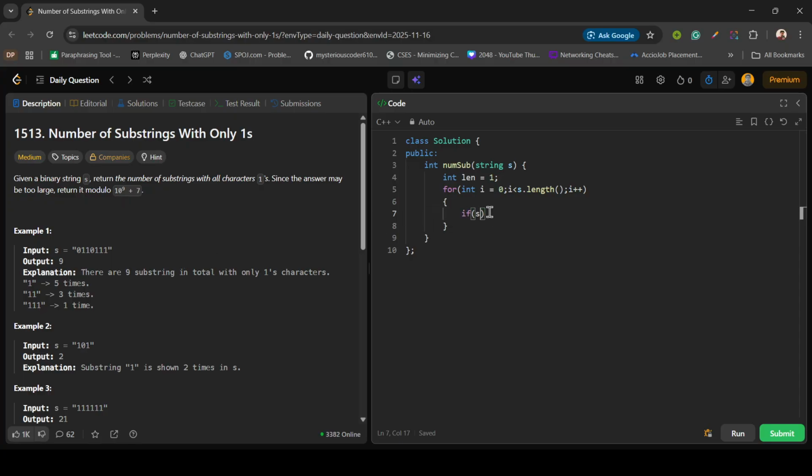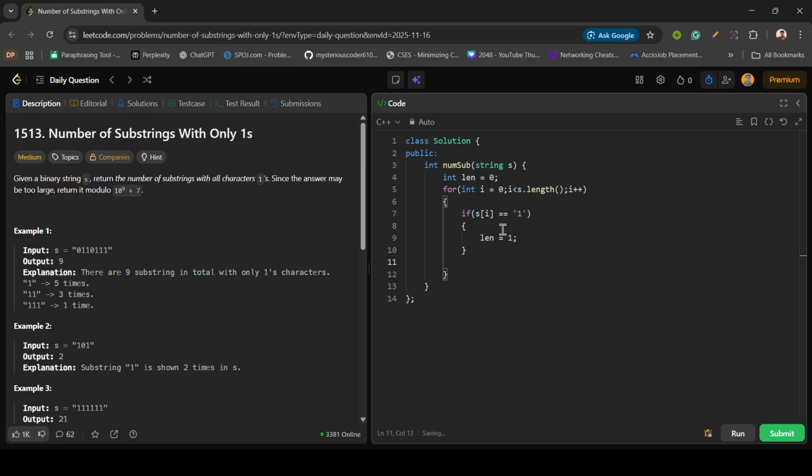If s of i equals 1, if it is true, then we will initialize the length with 1, right? And now I will write if, here I will give 0. Now if, just a second.